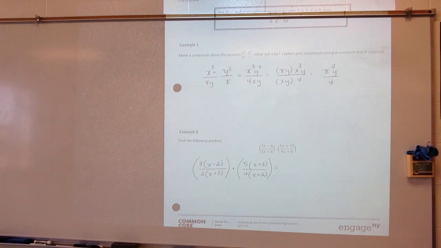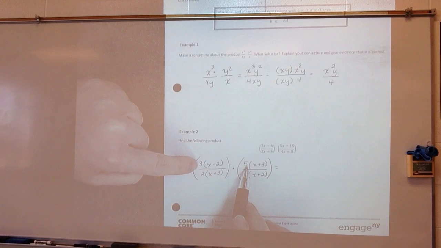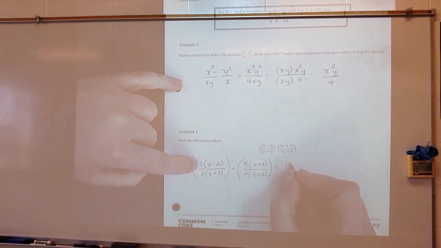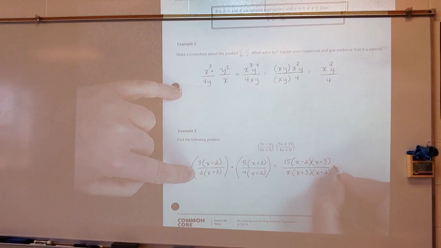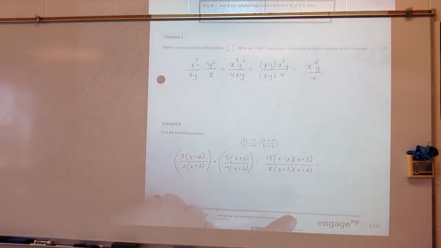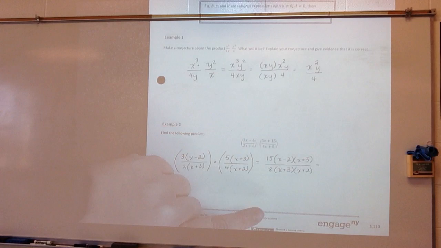So now here's what I can do. I can multiply my whole numbers. 3 times 5 is 15, and I get x minus 2 times x plus 3 over 2 times 4 is 8 over x plus 3 times x plus 2. The reason I did it this way is because you will see you have a common factor on the top and the bottom. x plus 3 is a common factor.